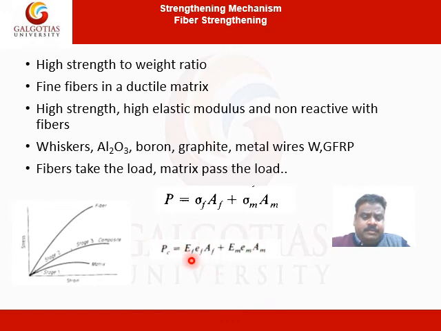The composite force is calculated from the area, modulus and strain of fiber and matrix. In calculating the rule of mixtures, we have an assumption that both fiber and matrix strain equally. So we have the strength of the ductile material increased through the addition of fibers.